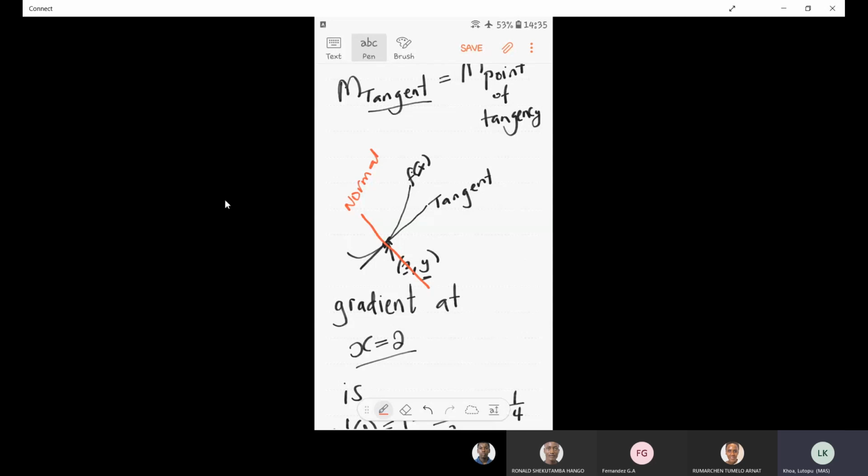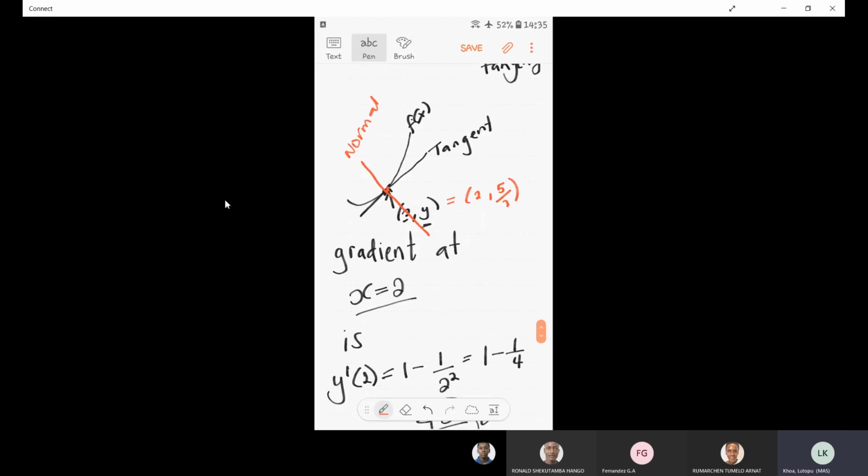You can see f of x, the tangent and the normal, they all pass through that point over there. So this point that we worked out, which was 2 comma 5 over 2, is common to all three of them, and the gradient of the normal is the negative reciprocal of the tangent. So if I know the gradient of the tangent, I can simply work out the gradient of the normal by taking the negative reciprocal. So that is not difficult.